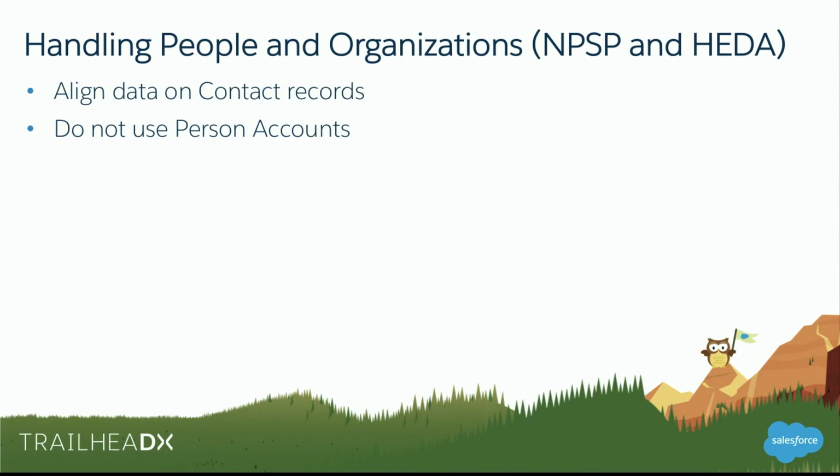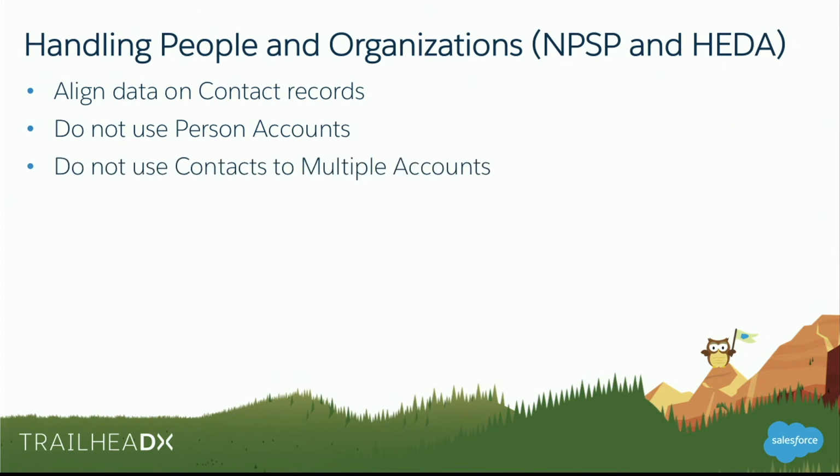Person accounts is now being built out on the core platform, but at the time that the Nonprofit Success Pack was built, and for the business processes that the higher education data architecture supports, those person accounts are insufficient to carry what we believe is truly necessary to represent that person's journey through each application. So don't, pretty please, don't use person accounts.